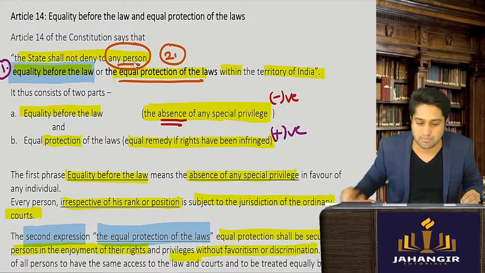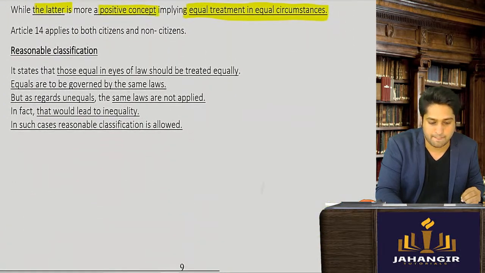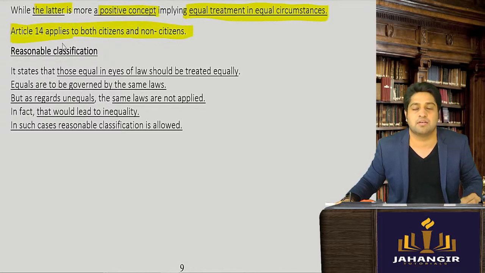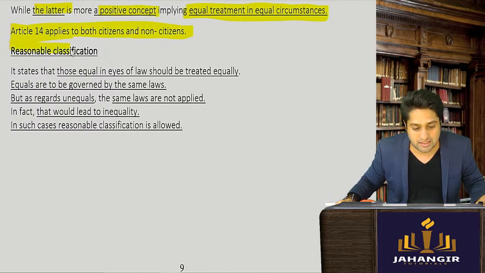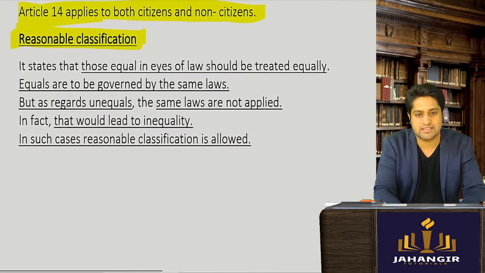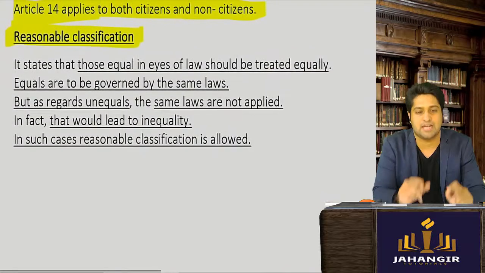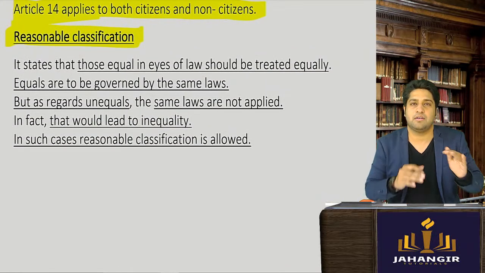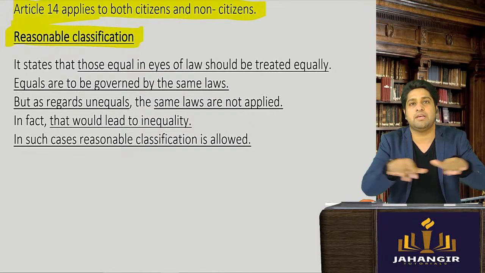So this is available to any person. Article 14 applies to both citizens and non-citizens. Then comes reasonable classification. It means that there will not always be equality.